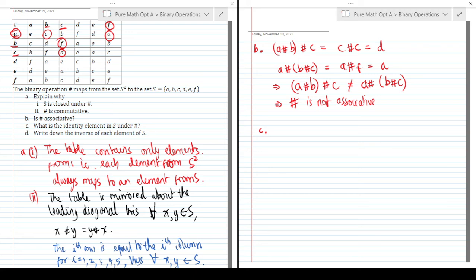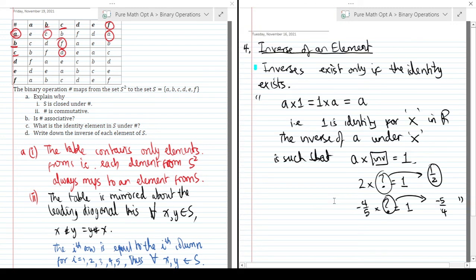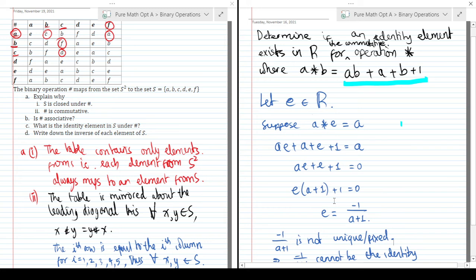Now, in the last section as well, the general symbol for identity is E. Based on what we were doing before, when we were searching for our identity, we would just say, suppose the identity is E. So E is a symbol you use.